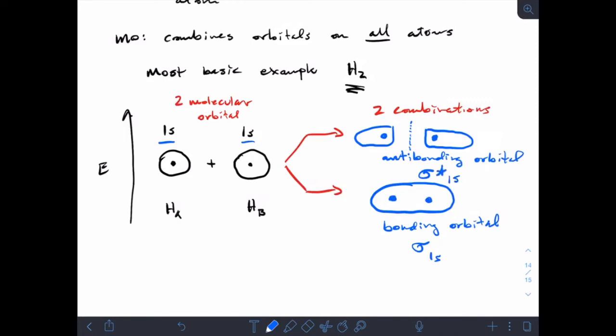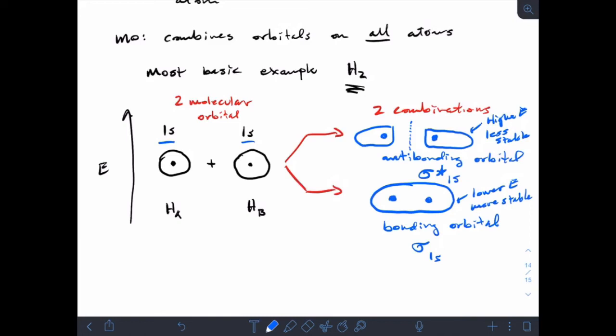The star denotes anti-bonding. No star means bonding. Notice that the anti-bonding orbital is higher in energy, so it's less stable. Higher energy, less stable. And the bonding orbital is lower energy, more stable.